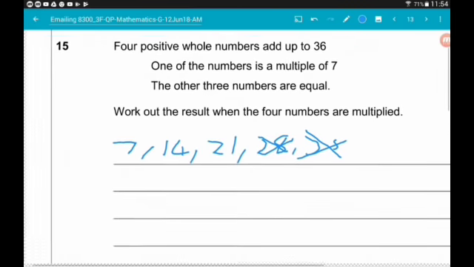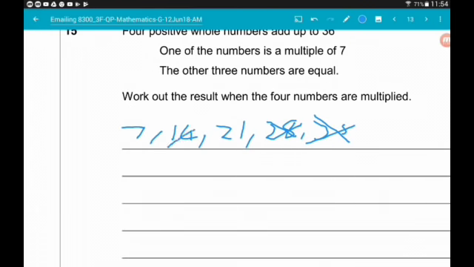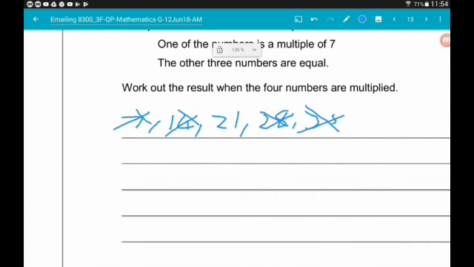So that's our winner. So we can forget about 14 and 7.